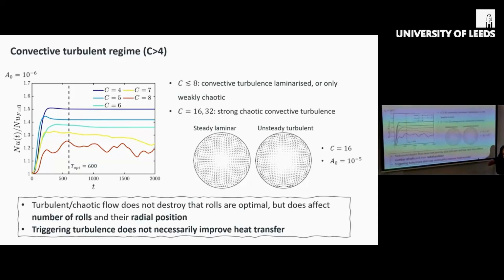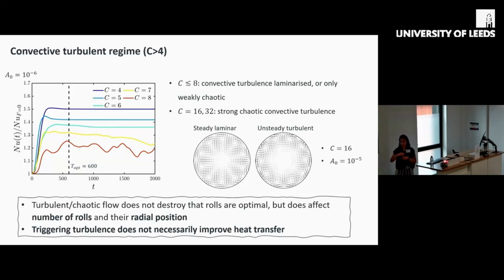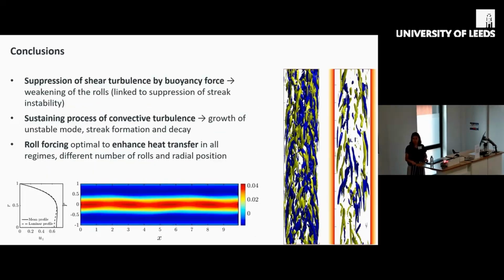So this is something that might be useful to take into account when designing things, for example some rib structure that can induce these rolls, to enhance heat transfer. And also we've seen that triggering turbulence does not necessarily lead to the expected result of improving heat transfer. Okay, so maybe I just leave the conclusion slide here.